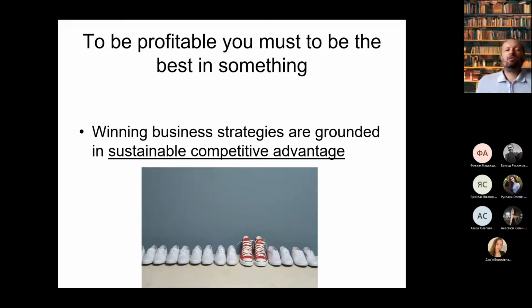Actually, what was the main outcome from our case? The first, if we want to be profitable, we have to select the sustainable competitive advantage. Actually, the word sustainable has two meanings in English.